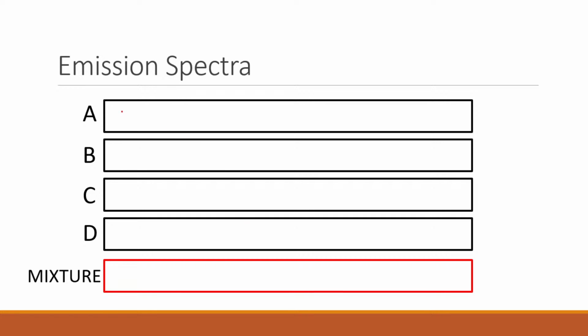Let's take a really simple example. Right, these are the emission spectra for element A, element B, element C, element D. If I look at a mixture that has these lines, what 2 elements are in my mixture?